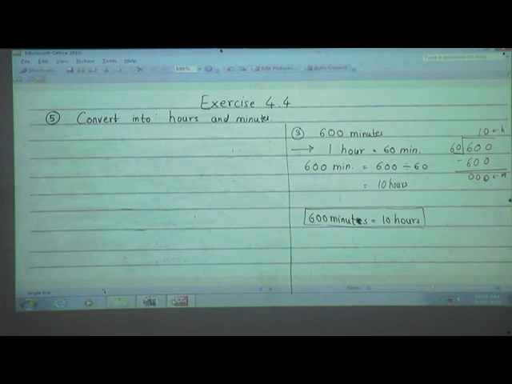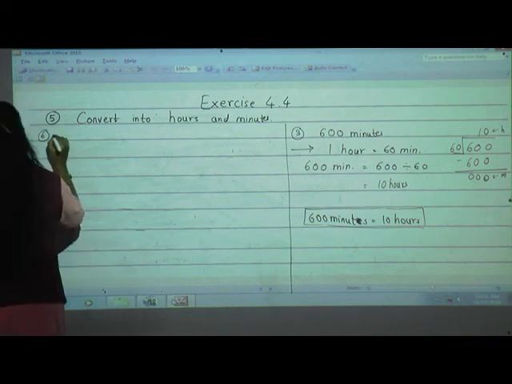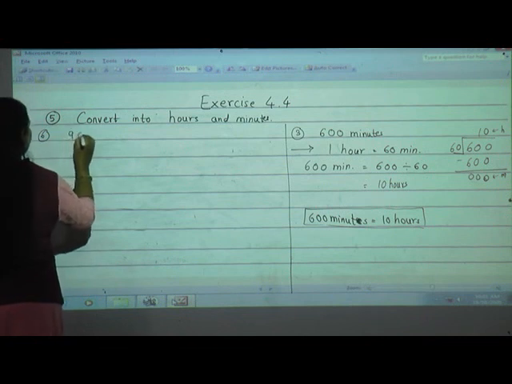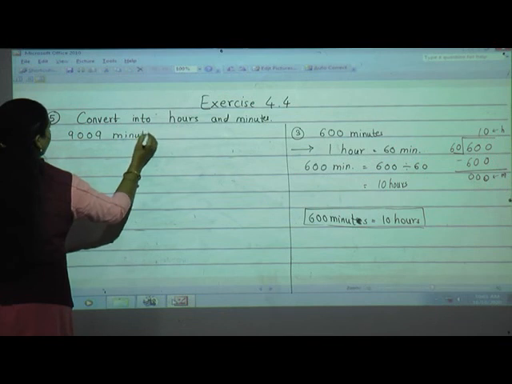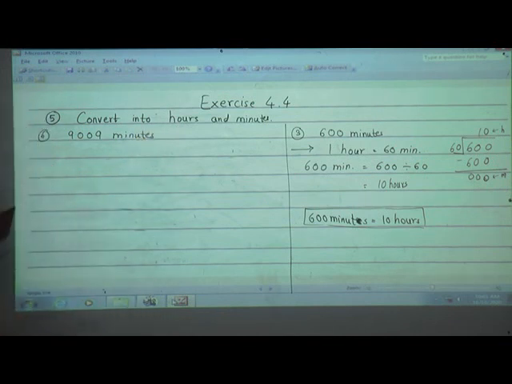Sixth one I will solve for you. See the sixth one. What is the question? 9009 minutes. A four-digit number they have given. So don't worry. In the same way we are going to solve it, how we have solved just now. Okay.